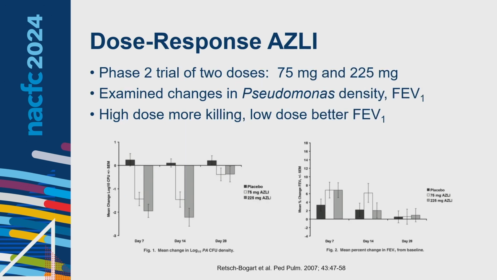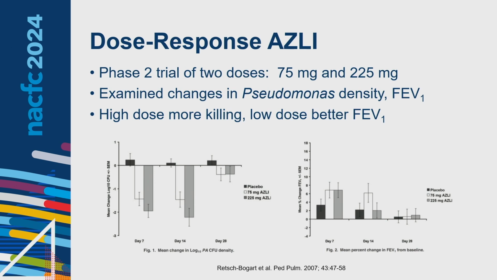And then there were phase 2 trials that looked at 2 different dosing regimens, 75 milligrams or 225 milligrams twice daily, and looked at responses. So 2 responses: killing of Pseudomonas, so Pseudomonas density after delivery of the drug, and lung function. And what they saw is, so these were at day 7 and day 14, so these are 14-day dosing and then a 14-day washout.